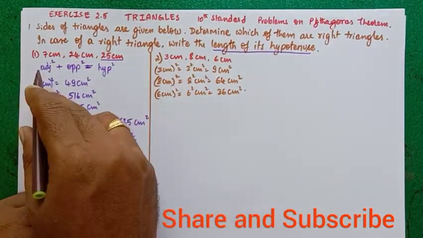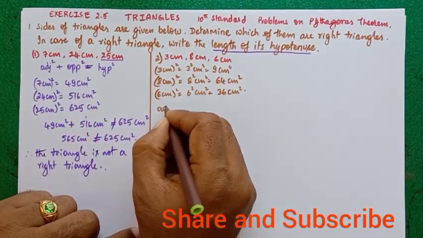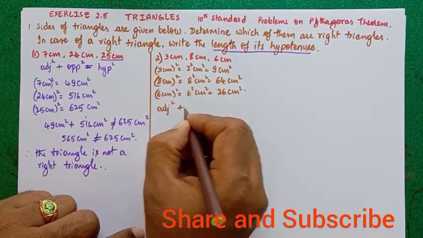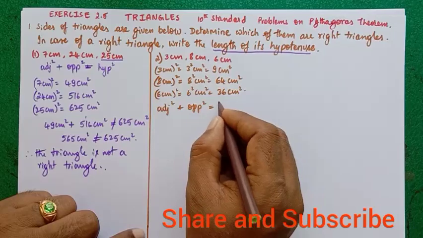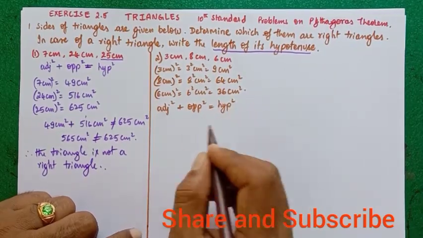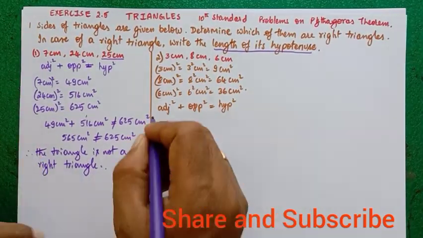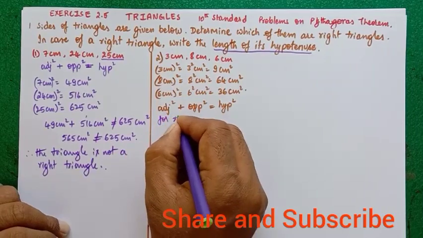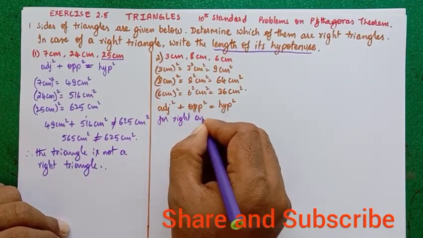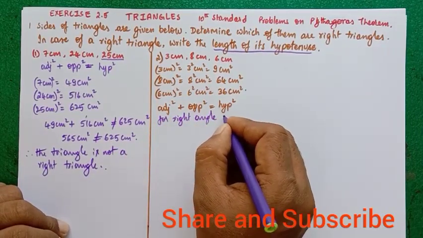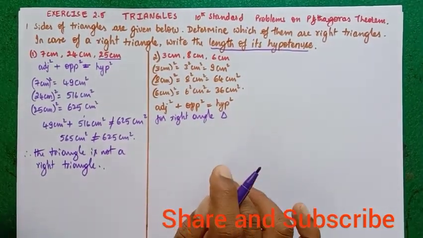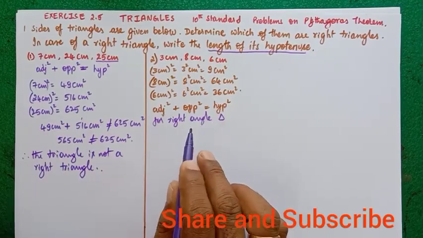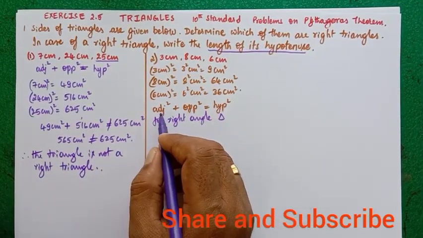So, as per this formula, adjacent side square plus opposite side square is equal to hypotenuse square, the formula for right angle triangle. For right angle triangle, this condition has to be satisfied. If it is not satisfied, then it is not a right angle triangle.